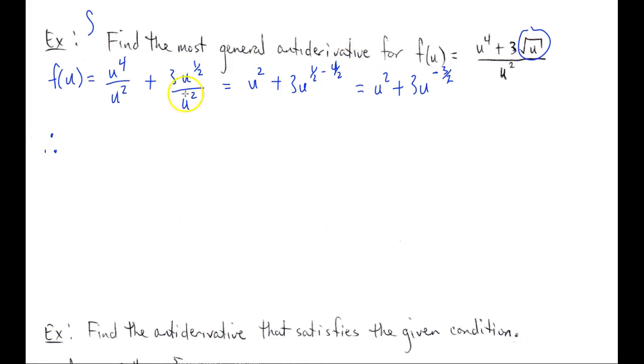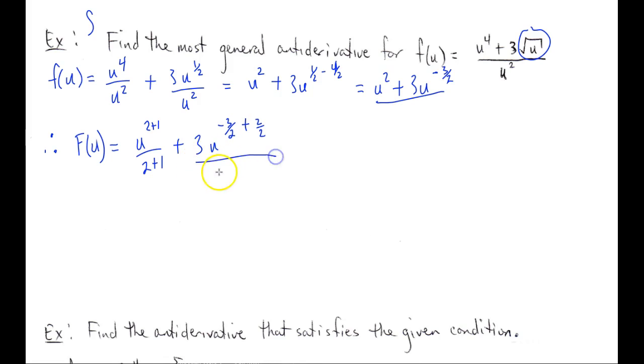So if we know that f of u is this, then of course the antiderivative would be big F of u, and this will be u raised to the 2 plus 1 divided by 2 plus 1 plus, we ignore the constant, and then we do u raised to the negative 3/2 and plus 1, but I'm going to write 1 as 2 over 2 since I have a fraction, and I'm going to divide that by negative 3/2 plus 2 over 2.